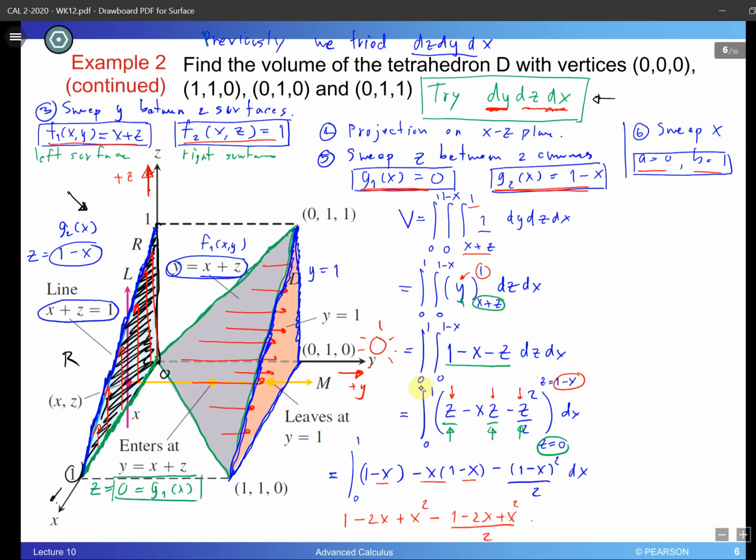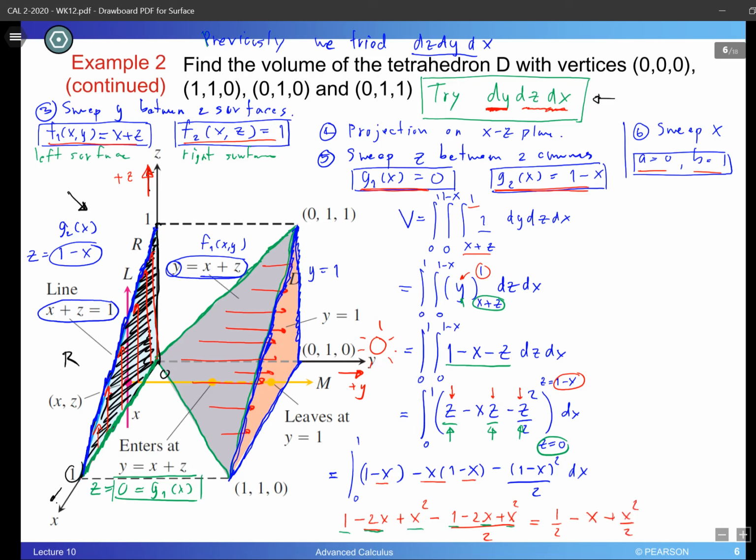Constant 1 and minus 1 over 2, it's going to be just 1 over 2. Now minus 2x right here, and we have this minus x, with the minus sign at the front, it's going to be plus x. So here I have minus x. And last term, plus x squared minus x squared over 2, so this one is plus x squared over 2.